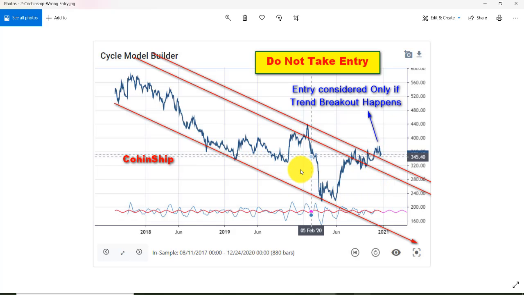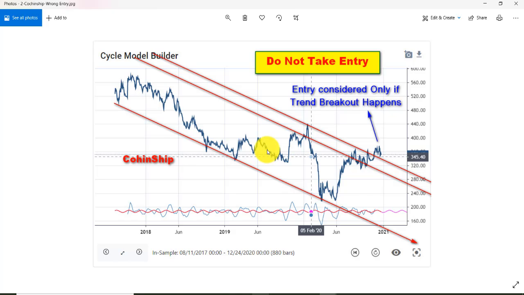Suppose the cycle tool represents that it has reached a bottom and it's about to touch a top. Let's see, this is the downtrend, and suppose we take entry here at the bottom, assuming that it will reach the top, but the swing may go down.